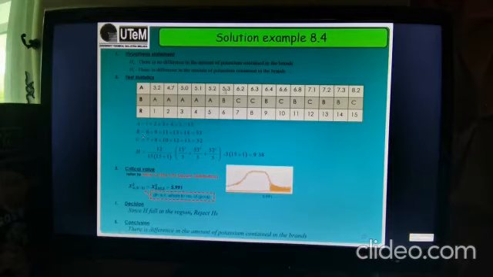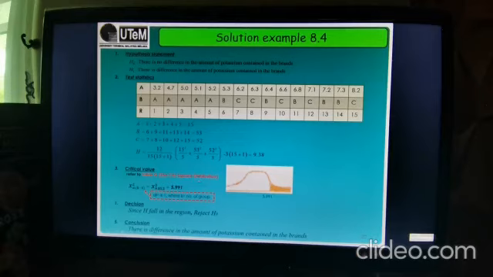For group B, 6 plus 9 plus 11, 13 and 14, is 53. And the same goes for C. Then you substitute into the formula of the test statistic H, and you will get the value of 9.38.